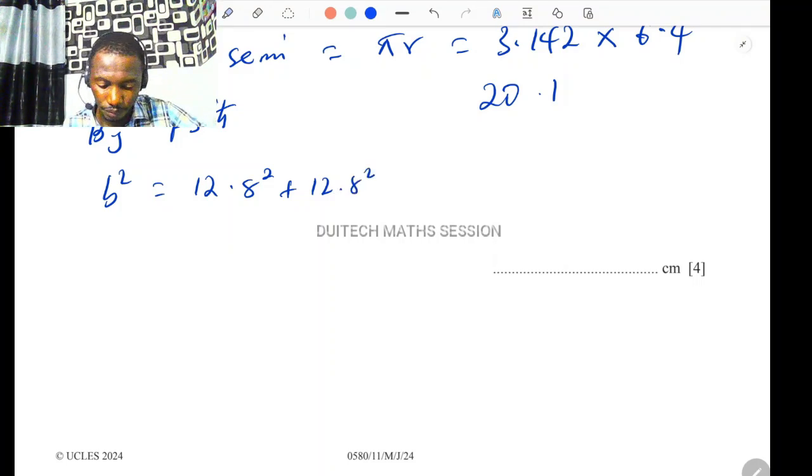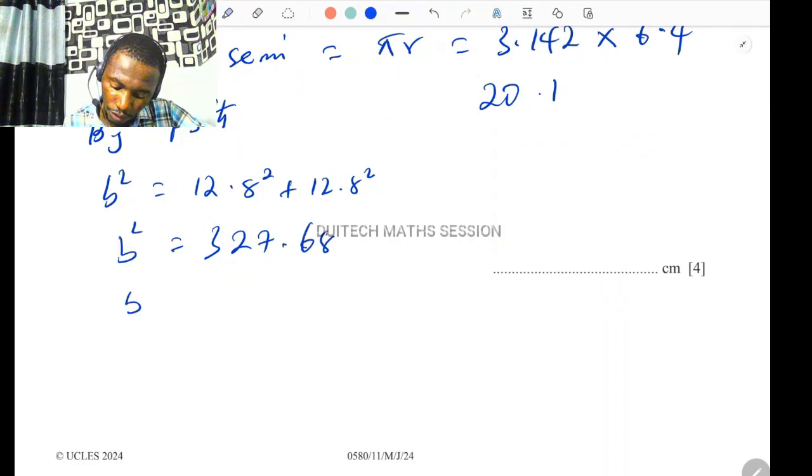So we have 12.8 square, then times it by 2. So we have 327.68 for b square.